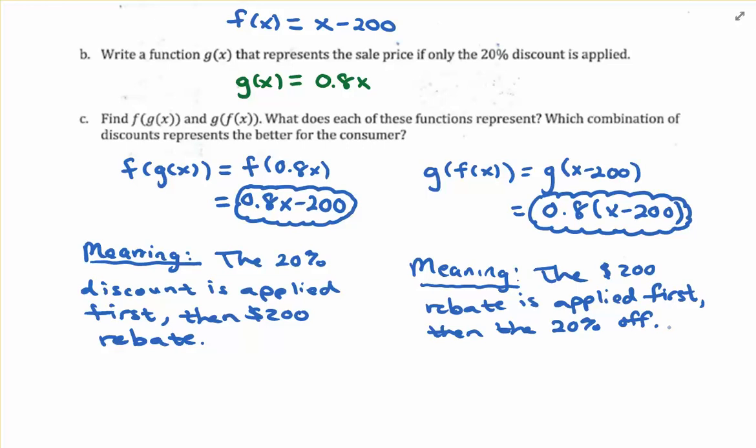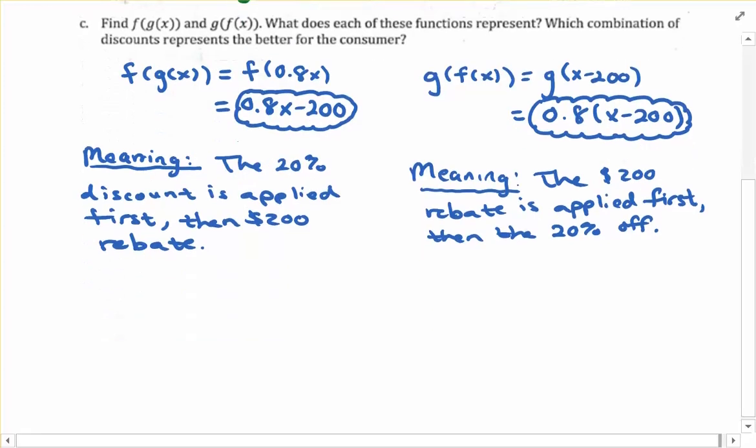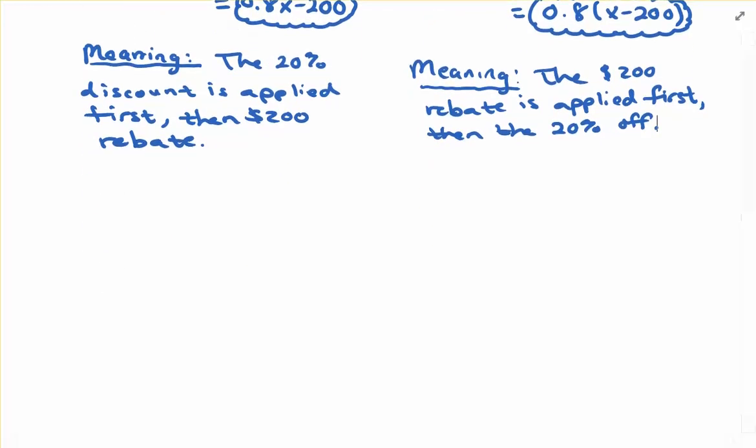So for example, and to kind of summarize, doing f of g of x wound up giving us 0.8x minus 200, but the actual meaning of that is that the 20% off discount is applied first and then the $200 rebate. Whereas if we reverse the order of composition, we do the $200 rebate first and then the 20% off. So then the big money question, all pun intended there of course, is which is the better deal for the consumer?